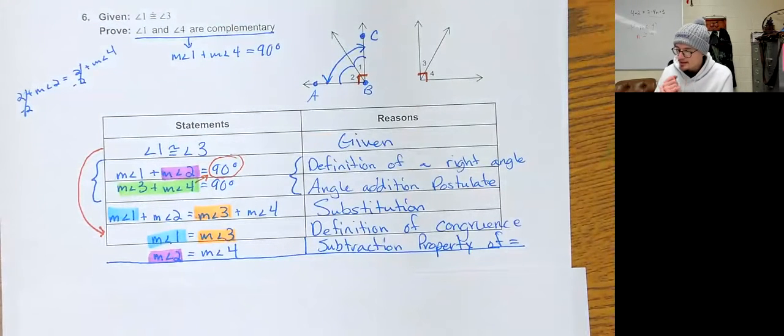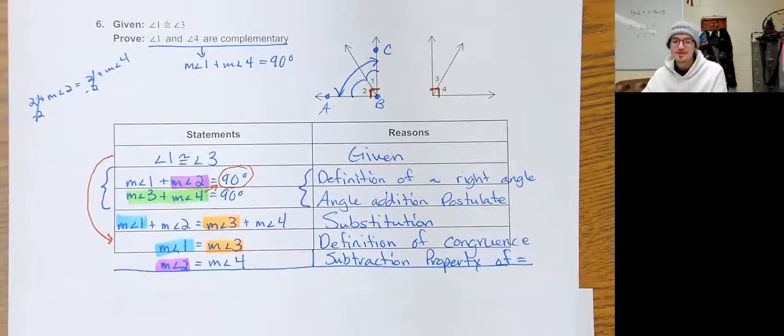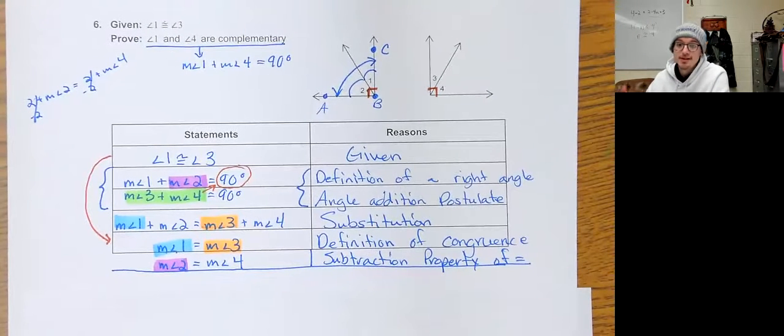That's good news because I can substitute. I already see where I made it long. I might do this one twice, just to show you that there's a long way and a short way, and there's more than one right way to prove this.